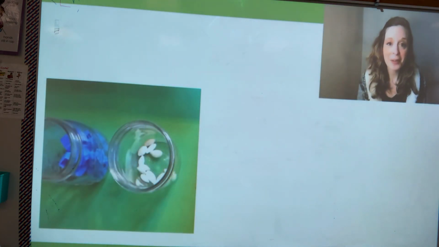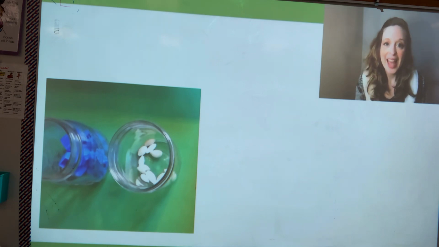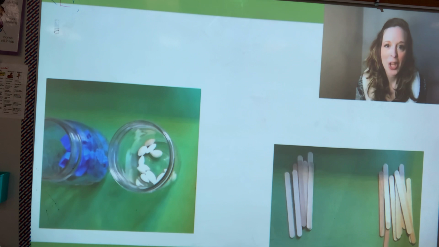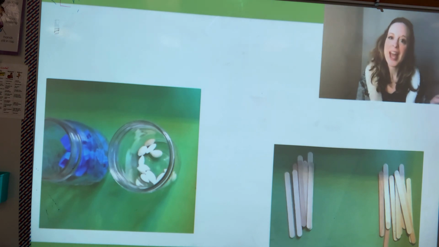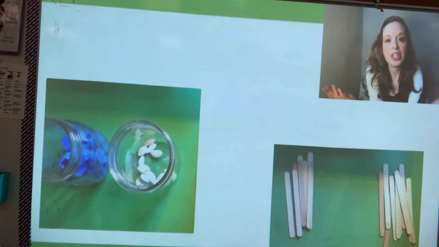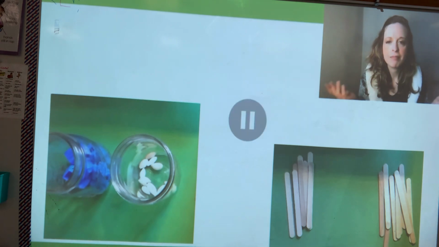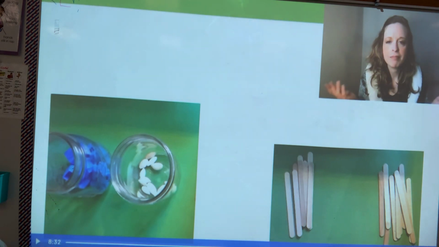Friends, we counted jars of pumpkin seeds and cubes and piles of sticks. What is the same and different about the jars of things and the piles of sticks? Okay, what's the same about the jars and the sticks? Let's start that way. Smriti?